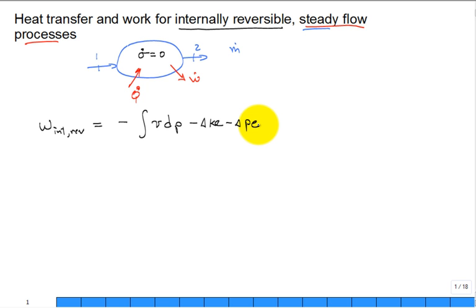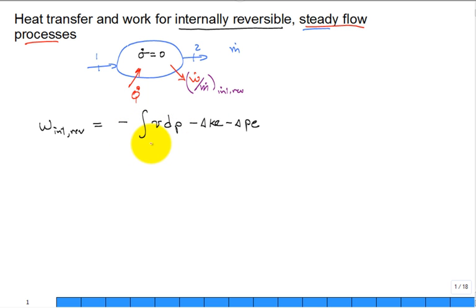Before we derive it, let's try and understand it. What they're saying is this work per unit mass flow rate, if I had internally reversible, that would be the type of behavior that we're describing, is equal to minus the integral v dP minus the changes in kinetic and potential energy.